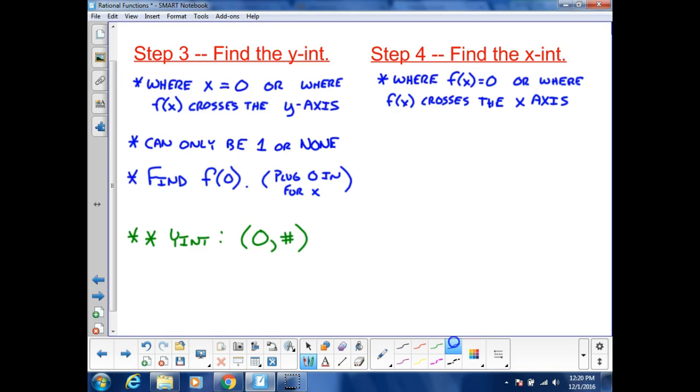How many can there be? As many as the degree, right? Okay. There can be multiple ones there.